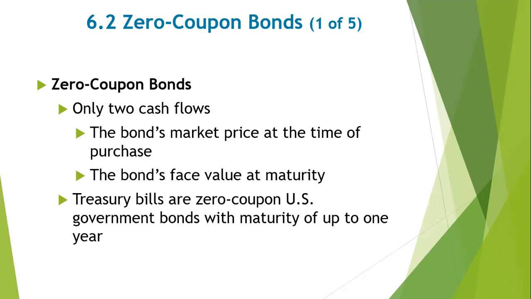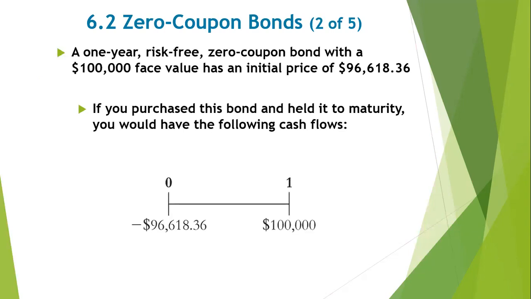When purchasing and holding a zero coupon bond, only two cash flows are involved. Initially, we pay the bond's current market price at the time of purchase, and subsequently, at the maturity date, we receive the bond's face value.